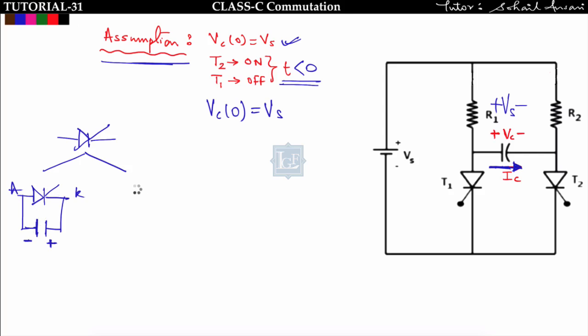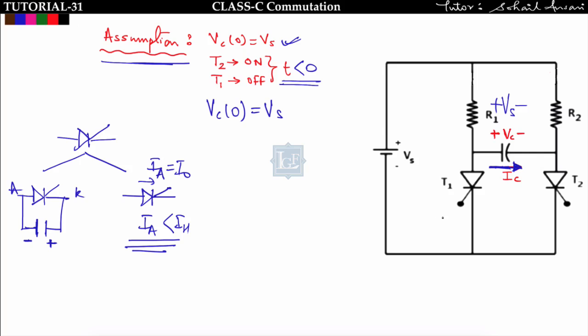The second method: let us say the thyristor is conducting with anode current equal to I naught. If I make the anode current less than or equal to the holding current, then this thyristor will be in the off state. So there are two methods of turning off this SCR.